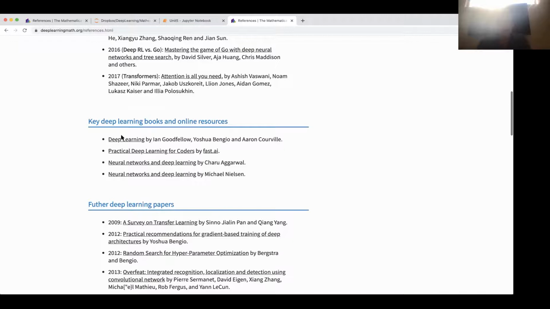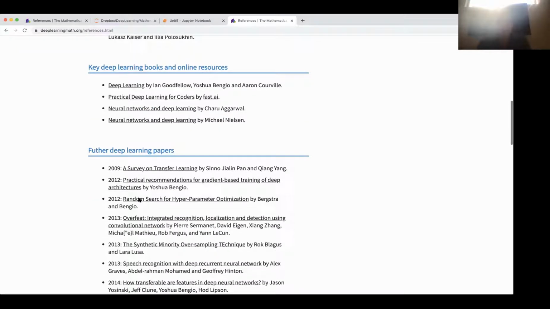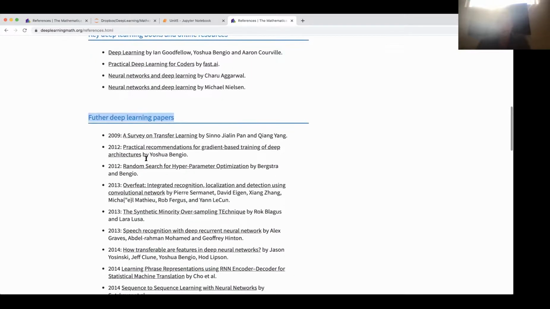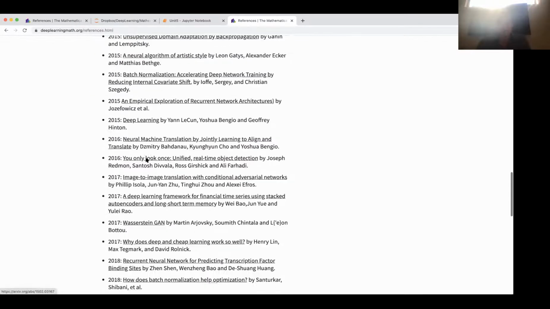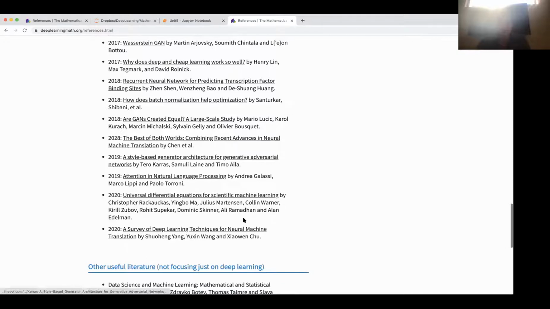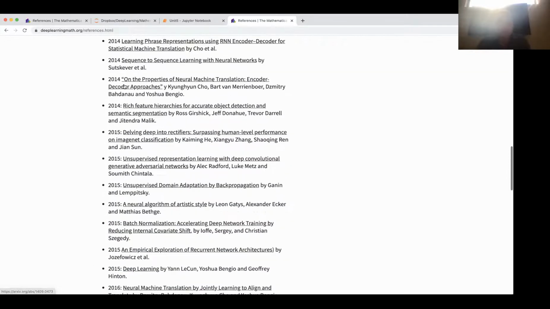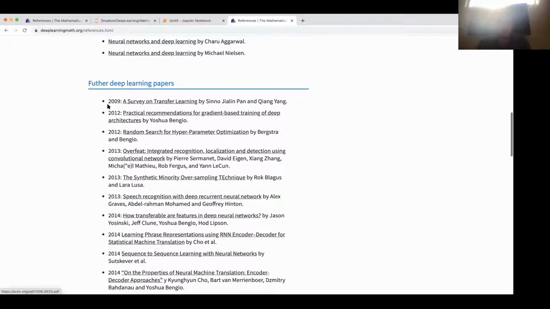Then you've got these further deep learning resource papers. These papers are the ones that are for your project. It's quite a collection, and some of these are very big famous papers as well. Spend a bit of time looking at them. Of course, you're not going to read all these papers. Just look at the abstracts and see what interests you, and also read the project description, and with that in view, choose the paper that interests you.